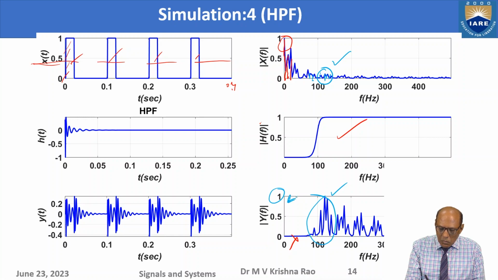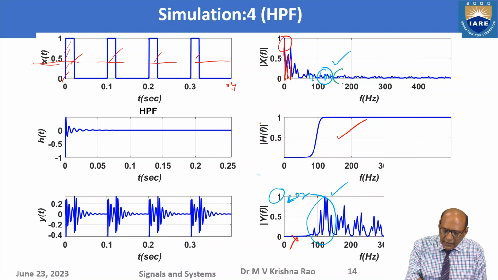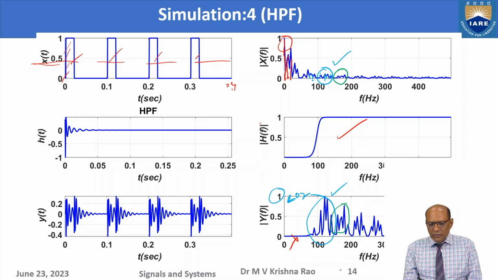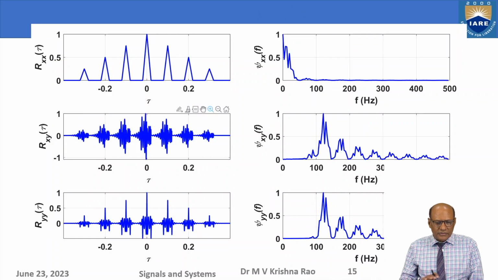Whatever is there is less than 0.2 or something like that. So next, if I take this one, this corresponds to this. Here the same trend is appearing, slowly coming down, but all powers are magnified here.